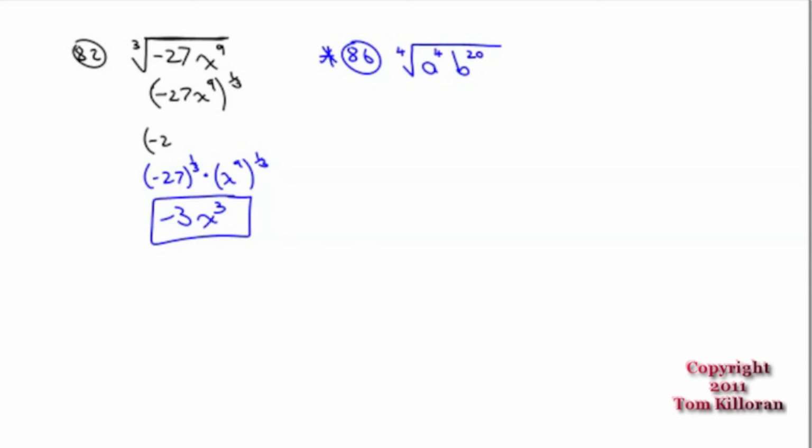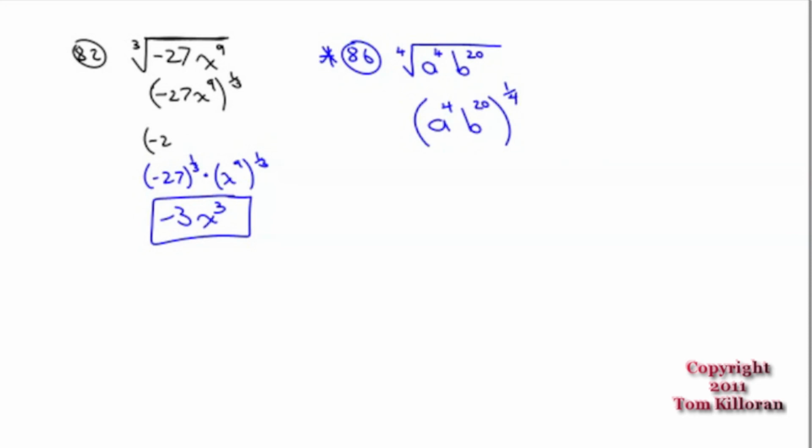Okay. So if we change the fourth root into its power, it would become 1/4. That goes on the outside as an exponent. And then on the inside is still a to the fourth and b to the 20th.